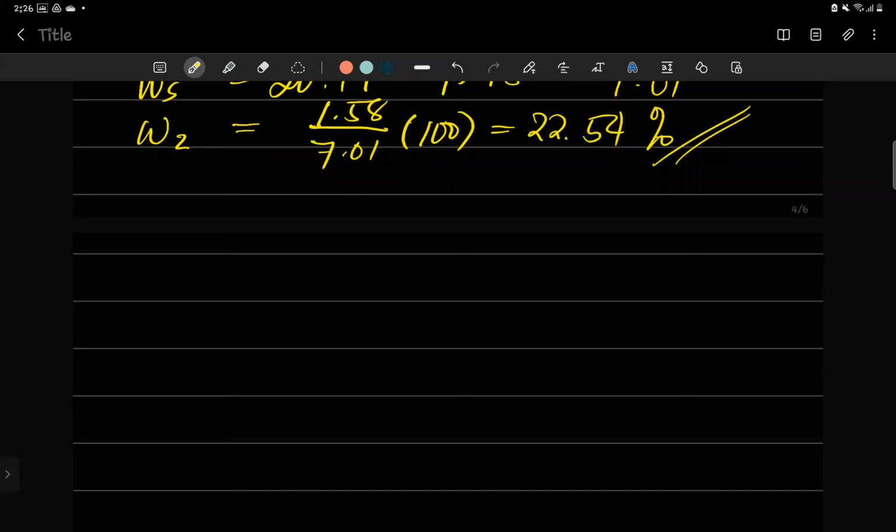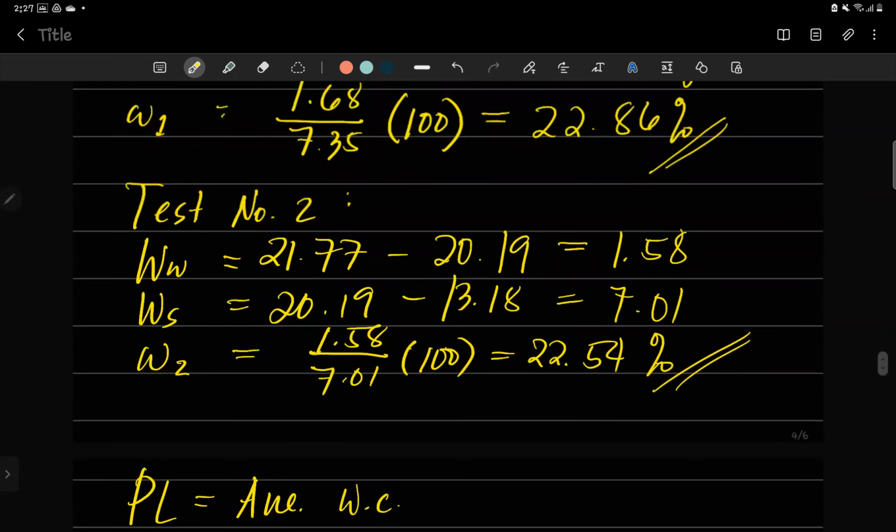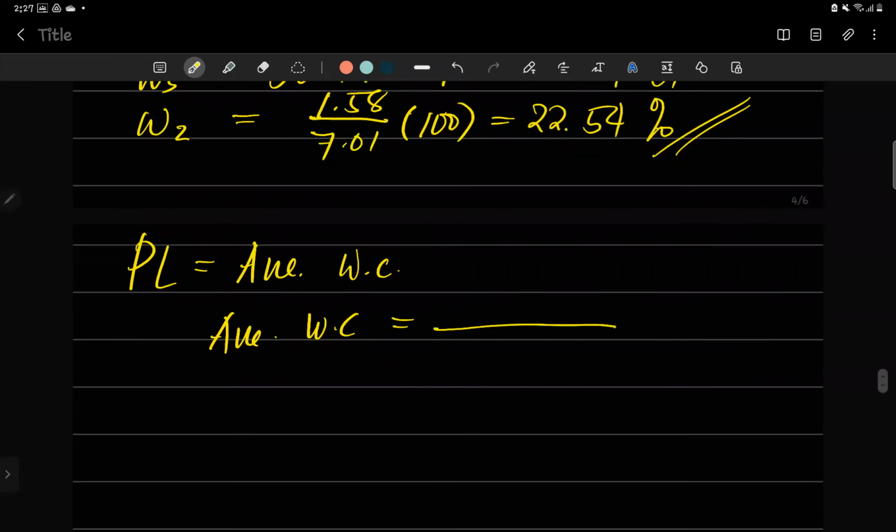Okay, so now we're going to solve for the PL. The PL, or plastic limit, is equivalent to the average water content of the soil samples. So the average water content: we have the value here, 22.86 plus 22.54, divided by 2.